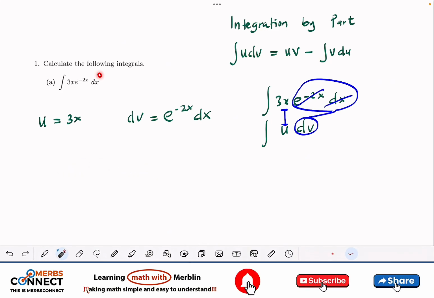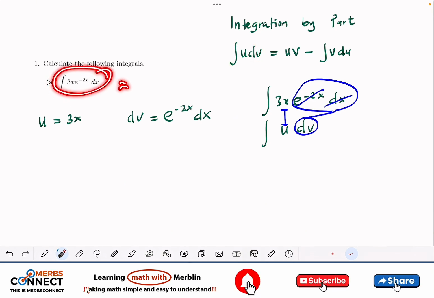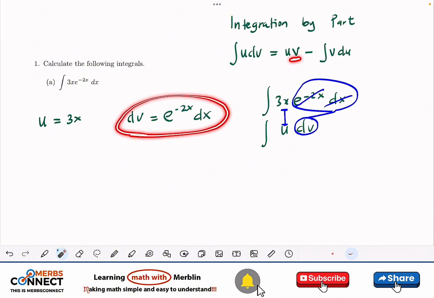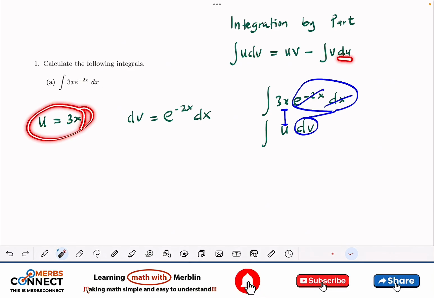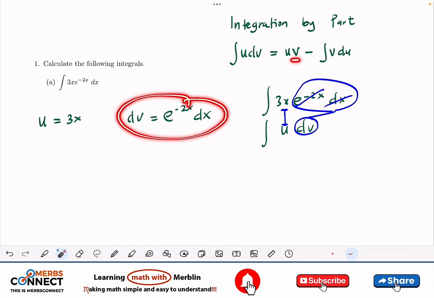Now we're able to compare the left to the left. The next thing is this integral here should be equal to the right also. But on the right, we need u, which we have. We need v, which we don't have, and we also need du, which we don't have.